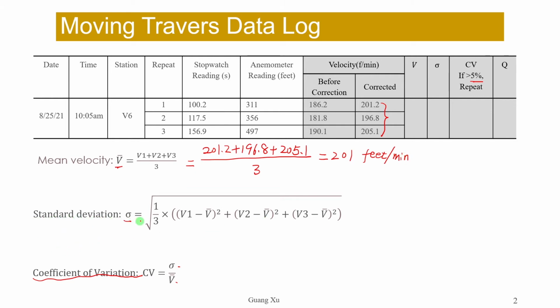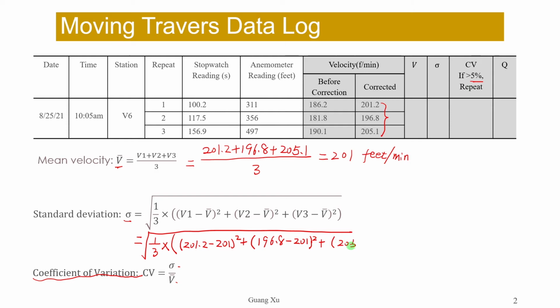And the standard deviation can be calculated using this equation. It equals the square root of 1/3 multiplied by the first velocity value, 201.2 minus mean velocity 201 squared, plus the second velocity value, 196.8 minus 201 squared, plus the third velocity value of 205.1 minus 201 squared. If we do the calculation, it equals 3.39.